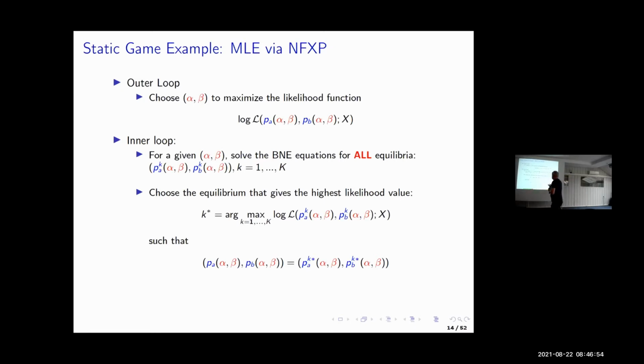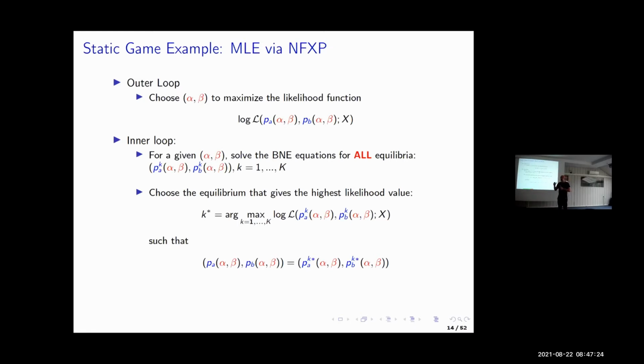So what we do is the outer loop: you search over the parameters to maximize the likelihood function. In the inner loop, you need to not solve a set of Bellman equations, but you need to solve this equilibrium. For a given value of your structural parameters, you need to solve for all the equilibria.